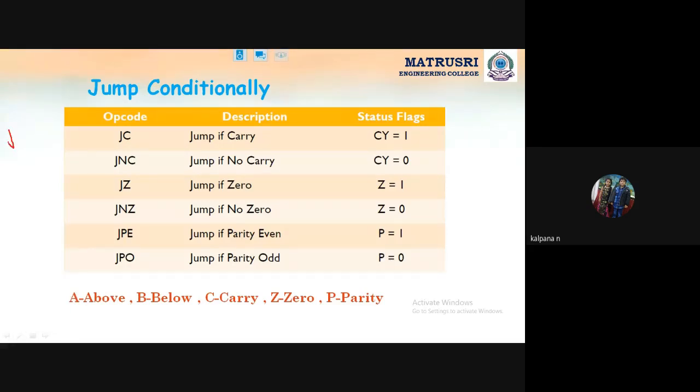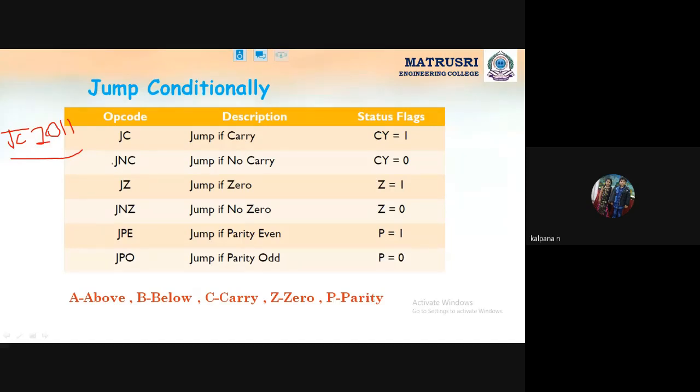For example, the instruction JC 2011 means the cursor will come here and check the carry flag. If the carry flag is 1, the cursor will directly jump to memory location 2011. This is the instruction of JC.